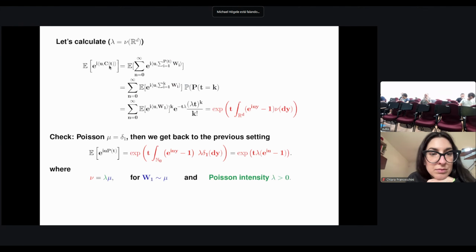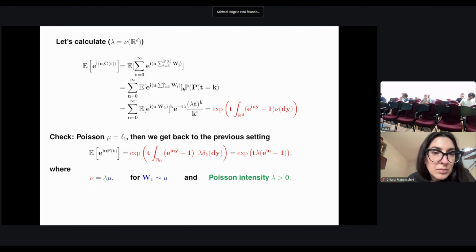Well, if you do this, we have e to the iu, and you have the compound Poisson process. What is this? This is the sum from 1 till Pt, Pt being this independent Poisson process. You have these increments here. And the interesting thing is that we can just disintegrate, so we can fix a value of Pt times the probability.